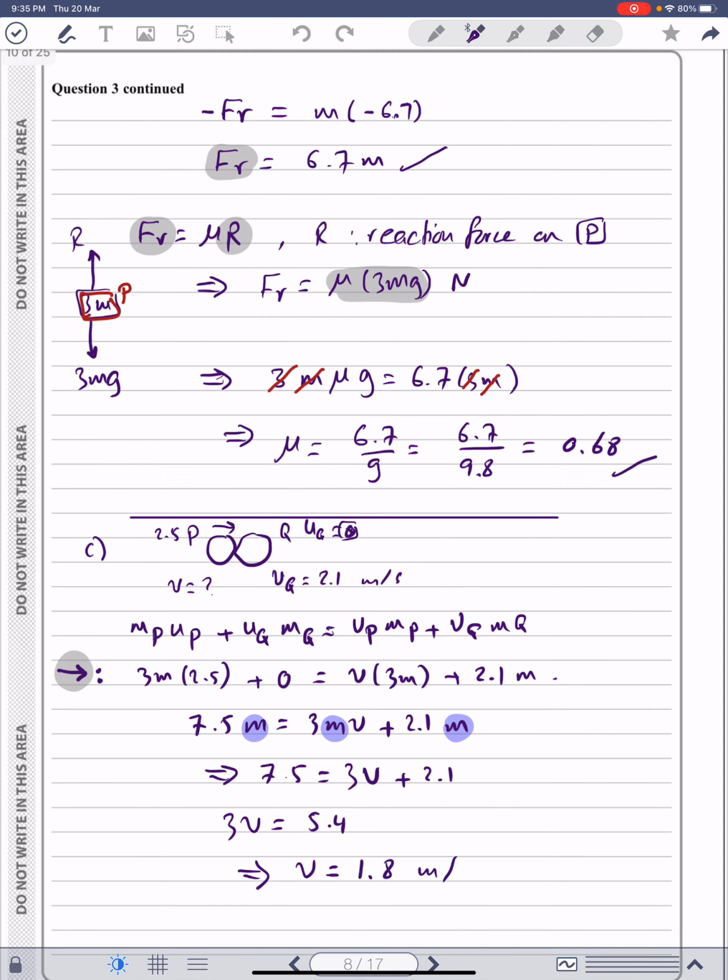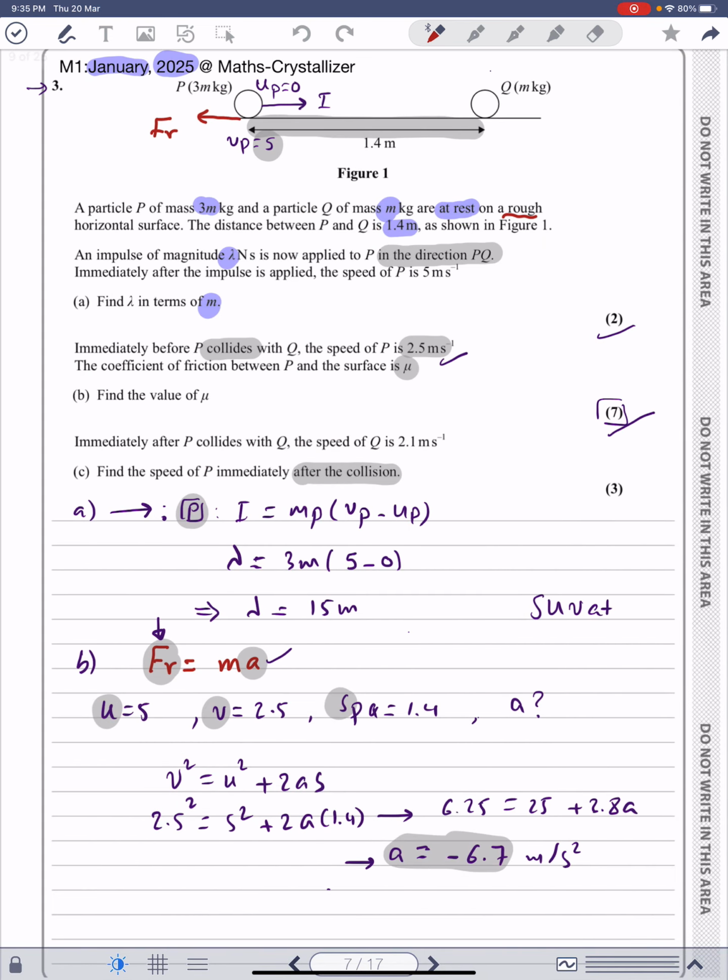1.8 meters per second. We may state the direction in many ways here. But the best way is to state the direction consistent with what the question says.